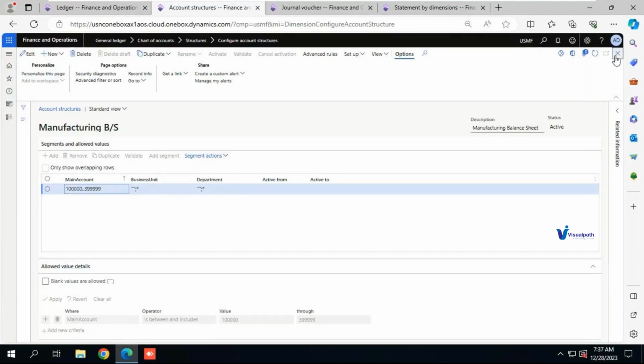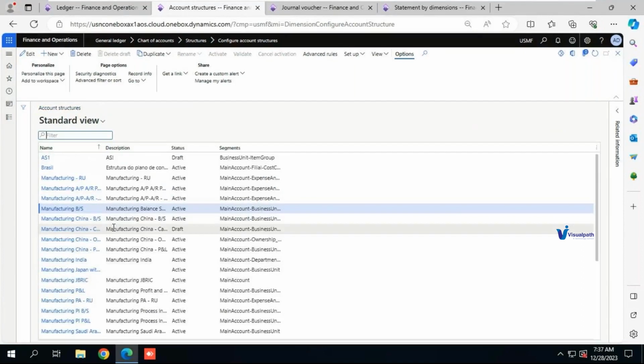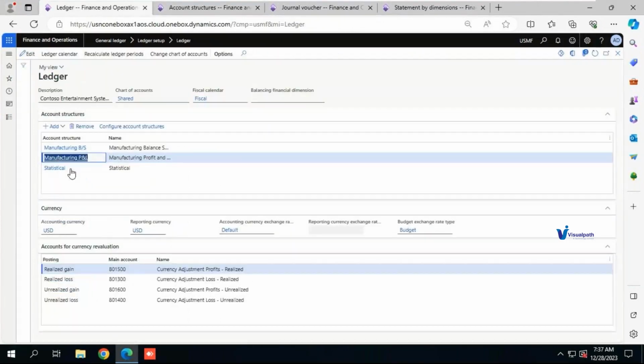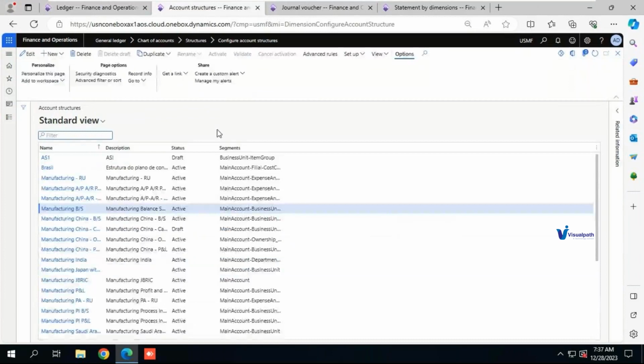So you can create an accounting structure, and you can create n number of structures, and you are attaching this structure to the ledger. This is very, very important for a finance consultant.